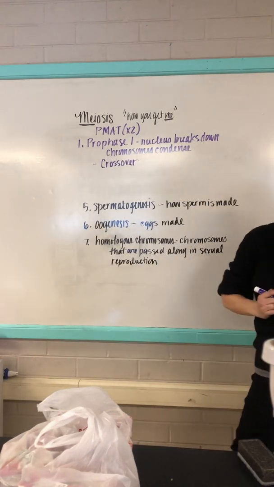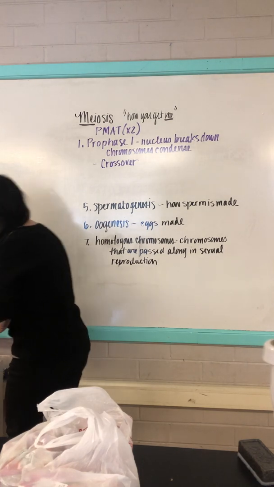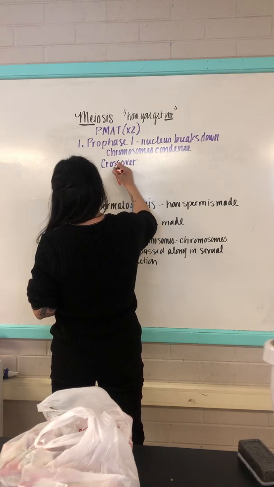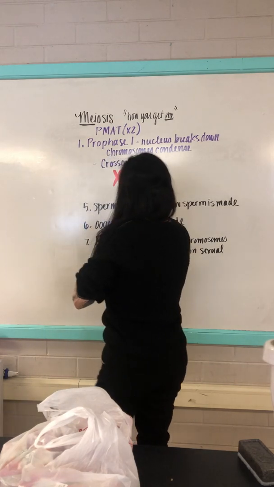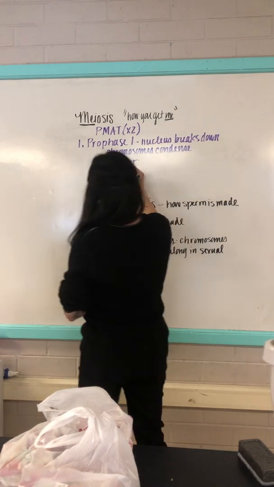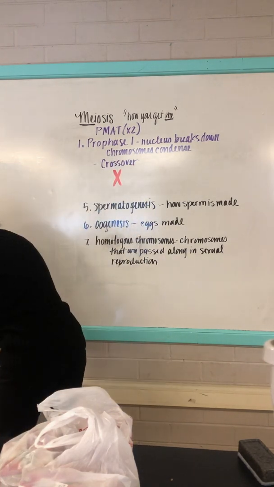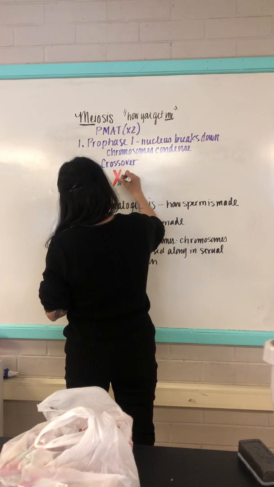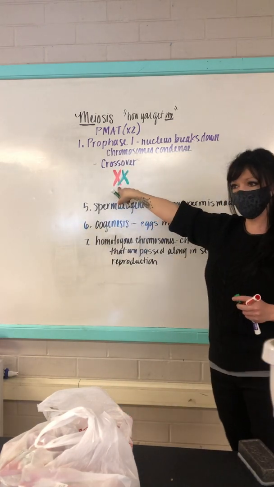Crossover is a newer term that we've not really learned about. If you have two chromosomes, and you know that chromosomes are kind of little X-shaped looking structures, with crossover, it's literally crossing over and touching the other one. See how they're crossing over right there?